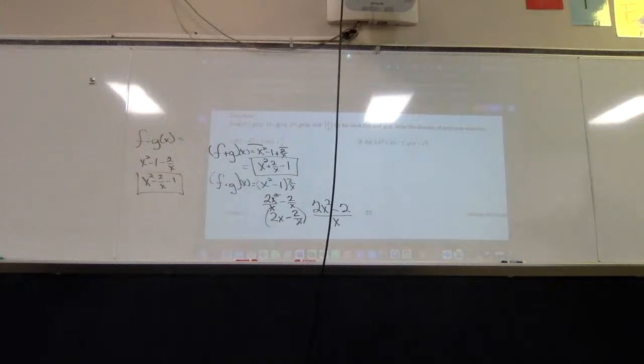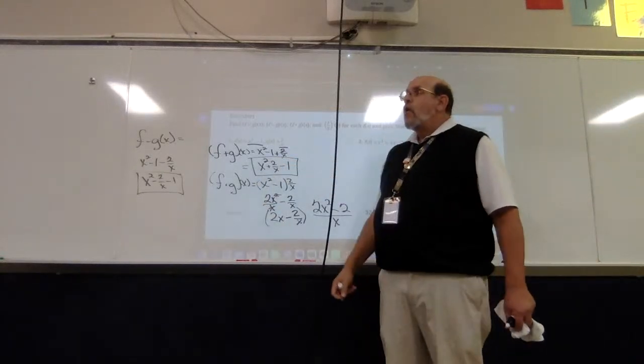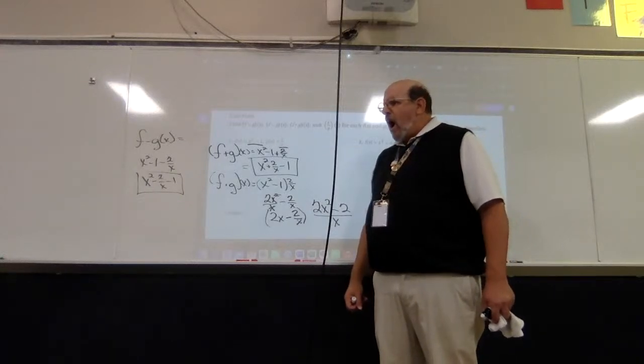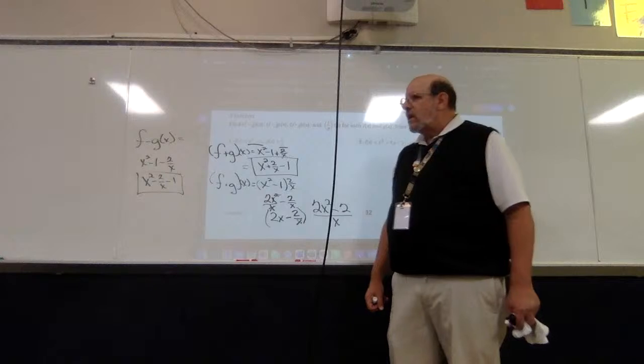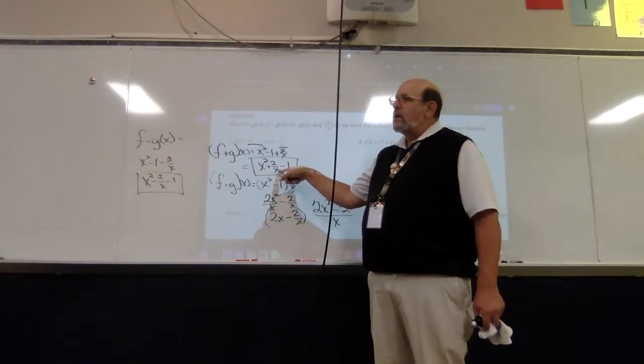Division would be more annoying, right? Why does the x term go before the 1? We put it in descending order of exponents. I wouldn't here, because what's this exponent? Well, it's a 1 here.